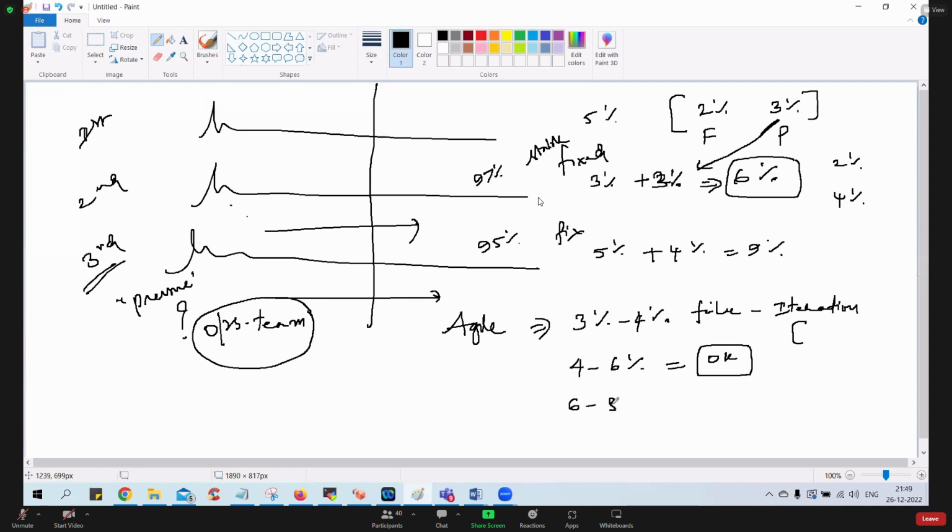6 to 8%, this is where BP will come. High pressure. The pressure keeps building if it is crossing 6% and your bin is sitting with a lot of bug tickets, a lot of error tickets. Again, new iteration, again we need to fix this. So pressure builds on the ops team here.